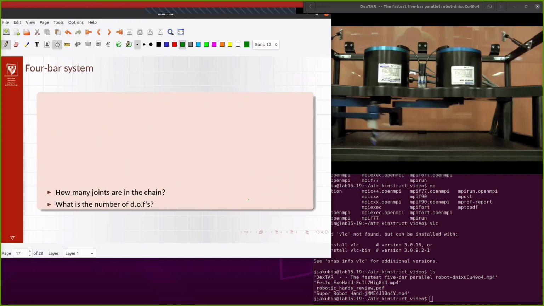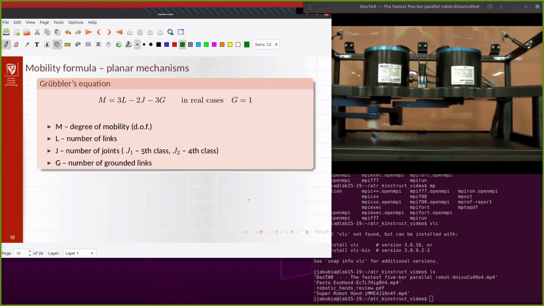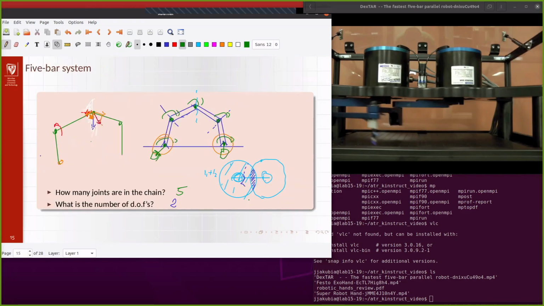Okay, we always had some equations, so let's get into the equations. One more thing, returning to the answers that you gave: we had 5 joints and 2 degrees of freedom. So the question is how to calculate them.